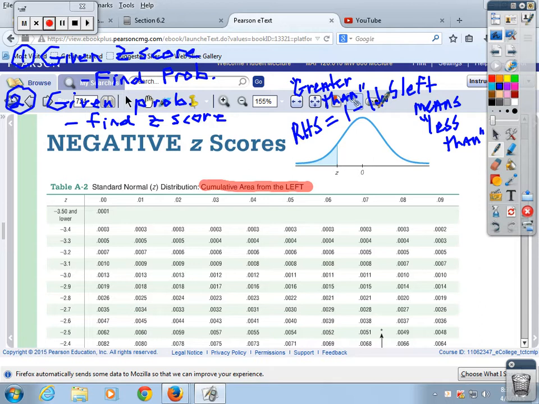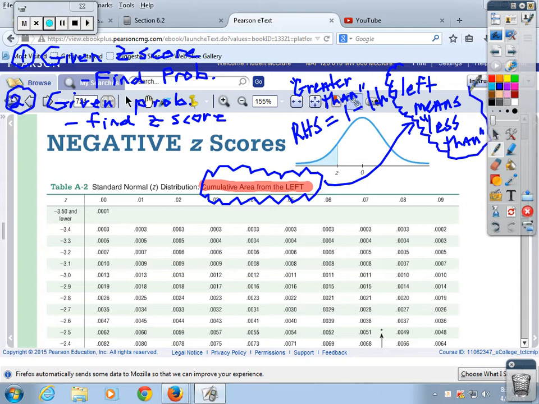If it says greater than, then you've got to remember this because your table only gives you the left-hand side. Okay? The table only gives you less than.